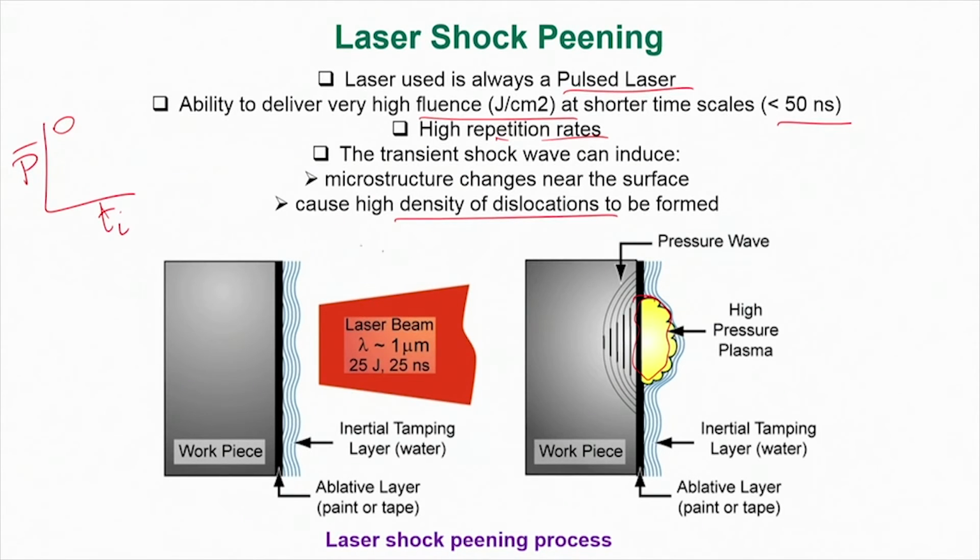The reason we create residual compressive stress is because of the creation of this high dislocation density onto the surface. But the beauty of the whole process is it's not like a mechanical deformation process by rolling or by shot peening or something like that.